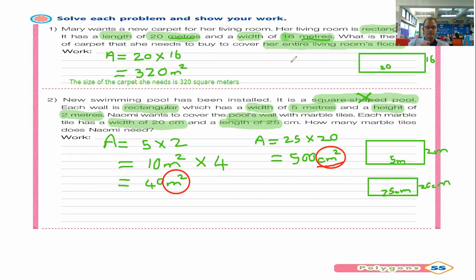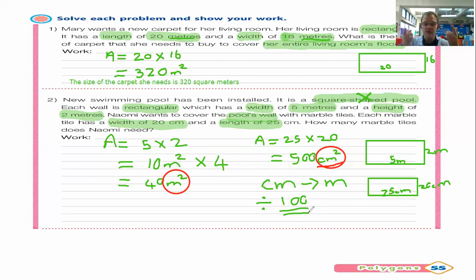Let me show you. If we have centimeters and we want to move to meters, we divide by 100. Because if you take a ruler, a ruler is 30 centimeters. But if you want to add up to 1 meter, it will add up to 100 centimeters equals 1 meter.